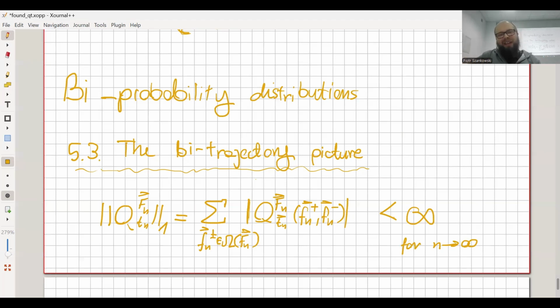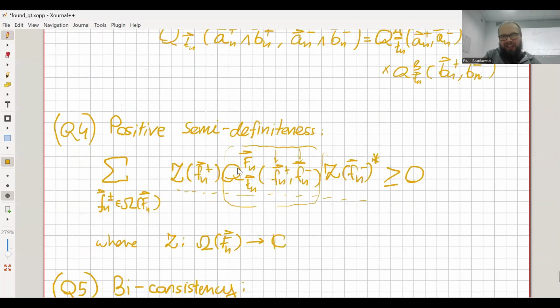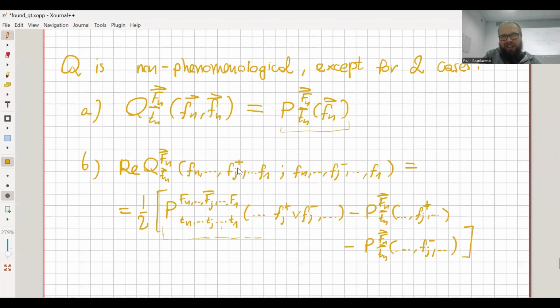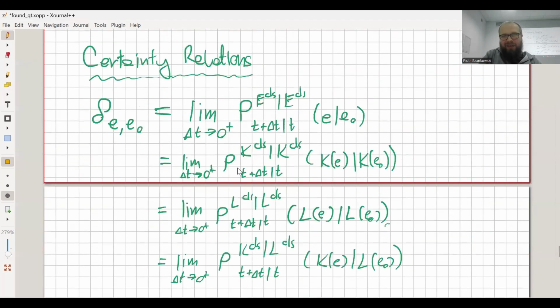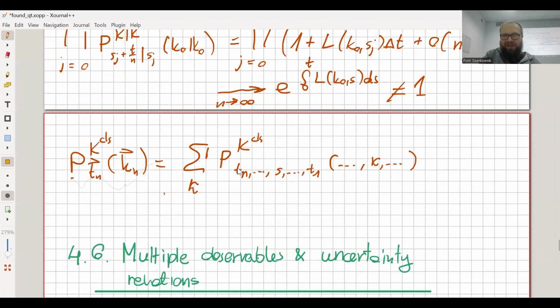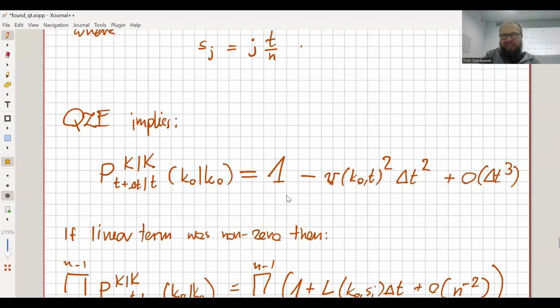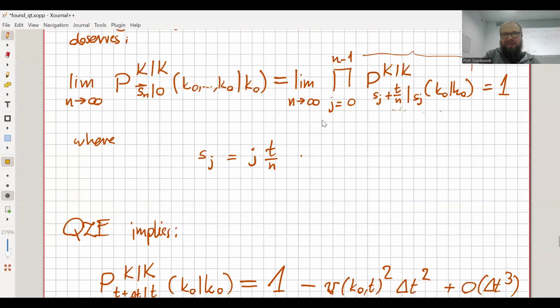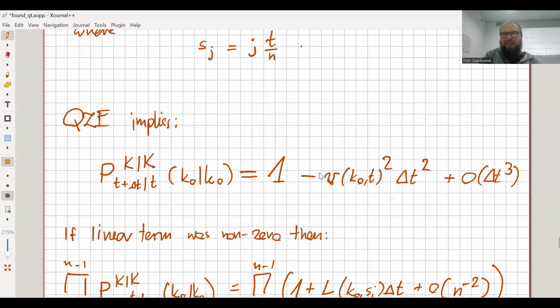And next week, I want to show that this bound actually is given by the stuff we got from the Zeno effect. You see this little fellow here, right? From the Zeno effect, we get this kind of second order coefficient here.